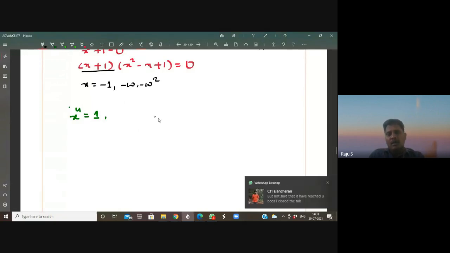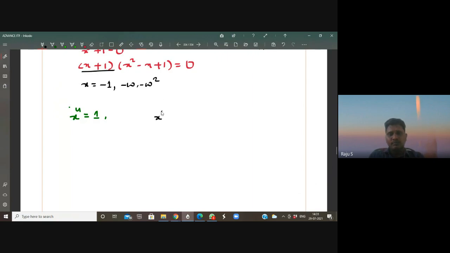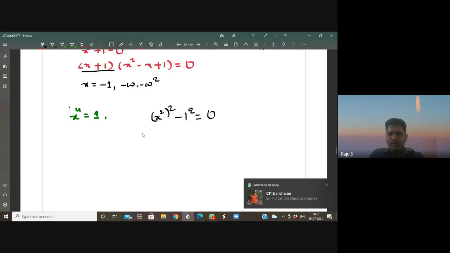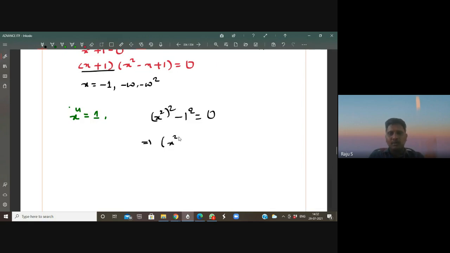See, how can you find the roots here? I want to write x power 4 as x square whole square. Taking 1 to the left side, minus 1 as whole square, it is in the form of a square minus b square, which implies a minus b into a plus b is equal to 0.